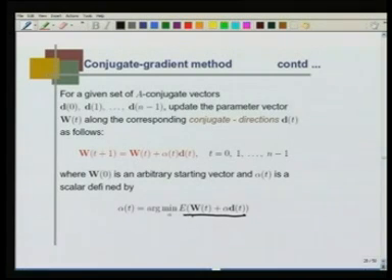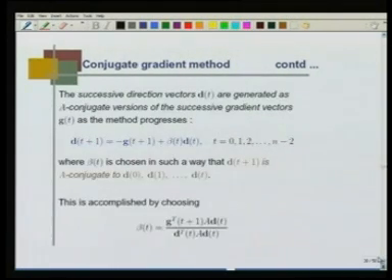with that alpha t we update the weight vector along the conjugate directions, which is known as dt, t equal to 0, 1 up to n minus 1. The successive direction vectors dt are generated as A-conjugate versions of successive gradient vectors gt as the method progresses. In the beginning we do not know what these direction vectors are.